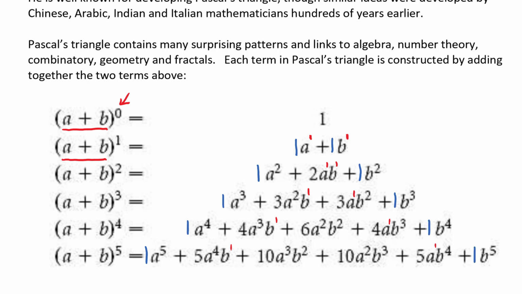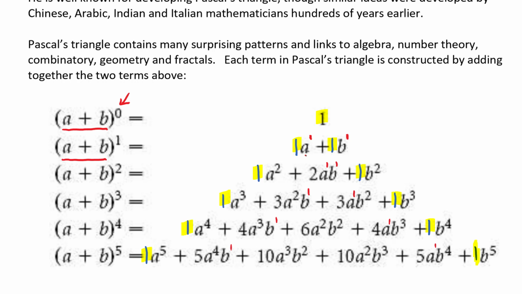Now, what these mathematicians discovered was that if you line them up, there's a pattern that comes about. On the outsides of this triangle, we have all 1s. And on the inside, the number on the next level is related to the numbers on the previous level.